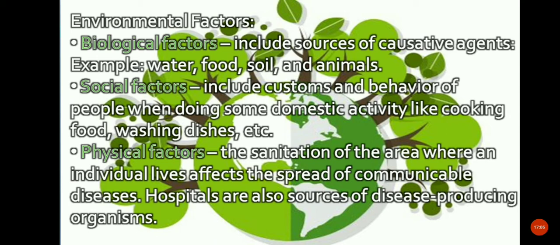Social factors include customs and behavior of people when doing some domestic activity like cooking food, washing dishes, etc. While for the physical factors, the sanitation of the area where an individual lives affects the spread of communicable diseases. Hospitals are also sources of disease-producing organisms.